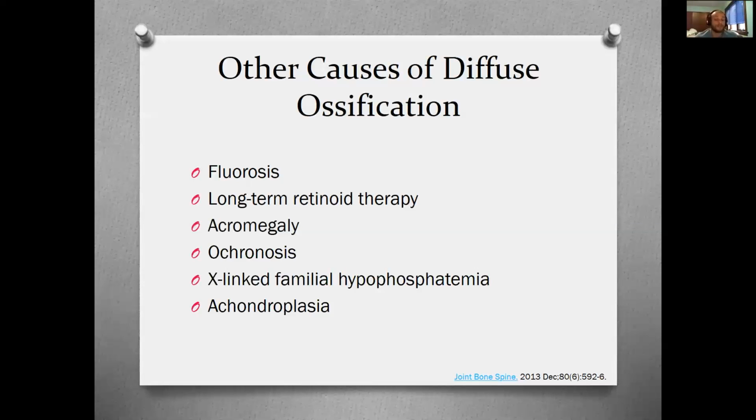Patients that have dwarfism are at an increased risk for diffuse ossification. And when I say dwarfism, achondroplasia is the most common form of dwarfism. Now, there are other conditions that have different names that can lead to dwarfism, but when patients do have achondroplasia, they are at that increased risk for DISH, or diffuse ossification.